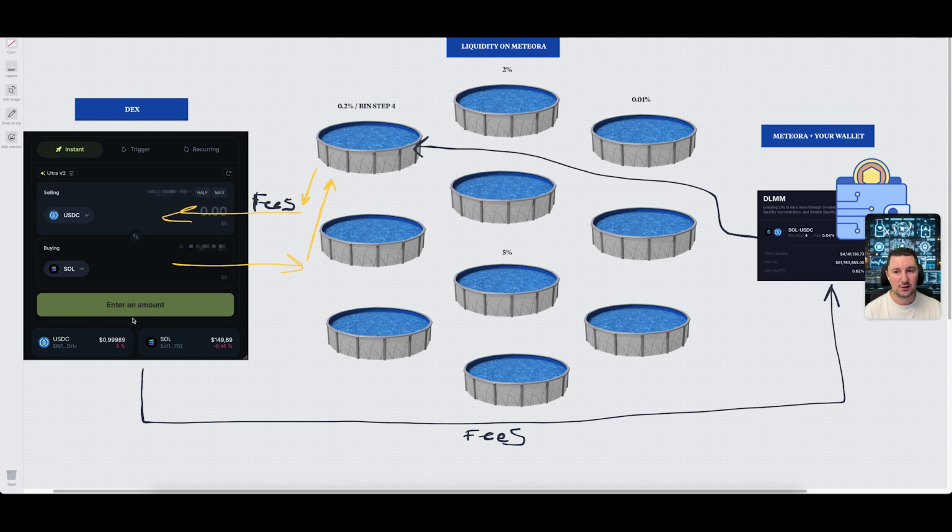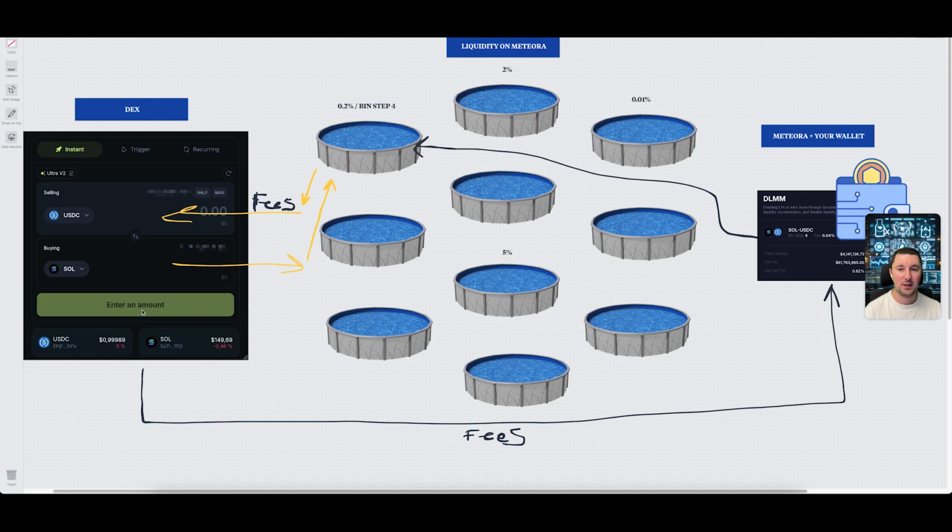The slippage setting that you set is, for example, 1%. If the price changes by more than 1%, you get an error, because the market price changed more than 1% and your slippage setting was 1%. So it exceeded this level and you get an error.